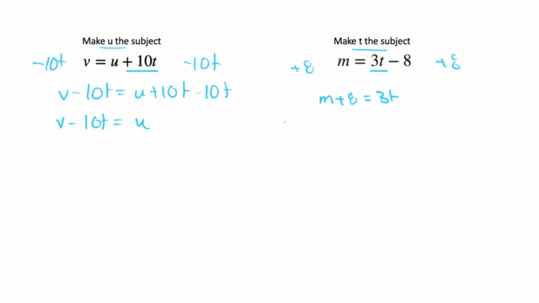Then you multiply both sides by a third to cancel out the 3. So 1/3 multiplied by m plus 8 equals 3t times a third. The 3 will cancel out, so you're left with m plus 8 over 3 equals t. So t is m plus 8 over 3.